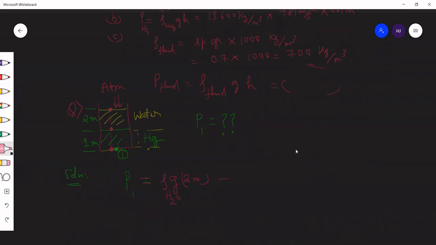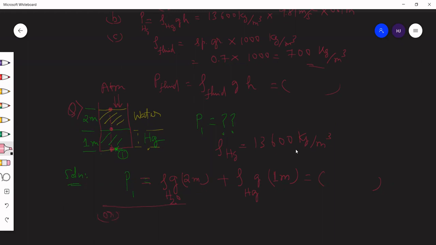Water, plus rho mercury G. What is the distance? Column 1 meter. Just put the value 1000, 9.81, 13,600. You have to remember this, okay? Density of mercury is this one. You can write directly like this, or you can use my logic. That logic which I used.